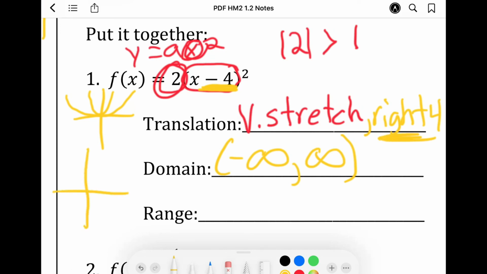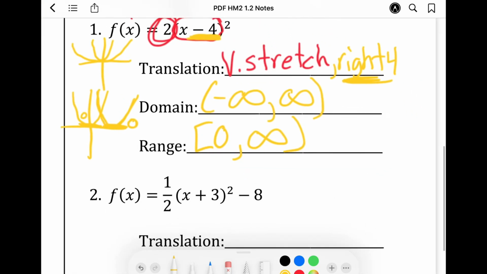Well, if we move to the right from our parent function, do we have a smaller or bigger y value as our lowest? No. Our lowest point on our parent function was 0. Lowest point on our transformation is also 0. So our range stayed the same.